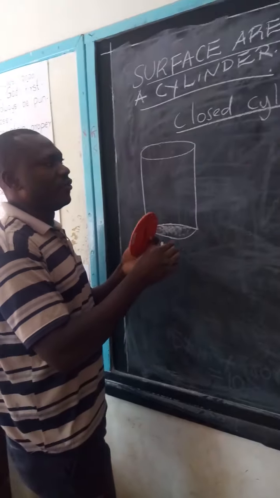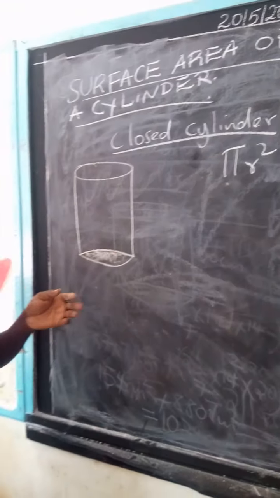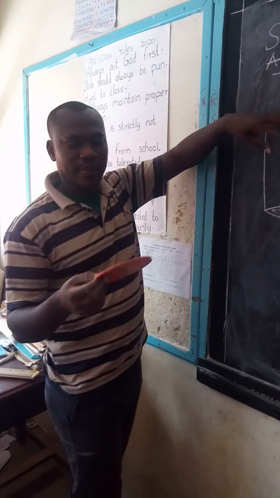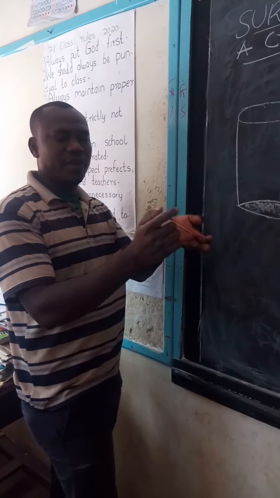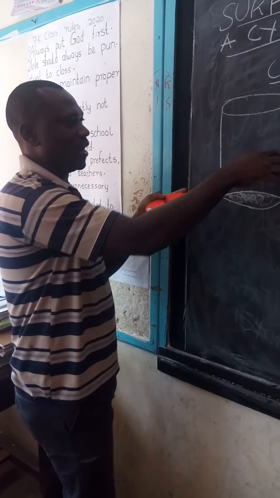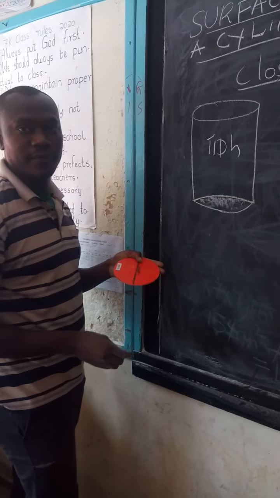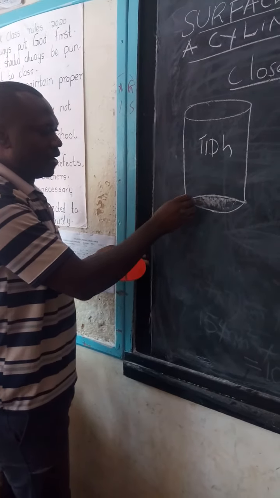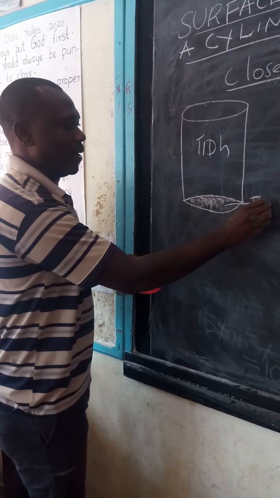Remember we say the area of a circle is pi r squared. So if you look at our cylinder, there's a circular thing of this kind at the bottom. So we are going to get its area, then we get the area of the curved surface. This curved or folded surface is going to be pi dh, but this circular part here is going to be pi r squared.